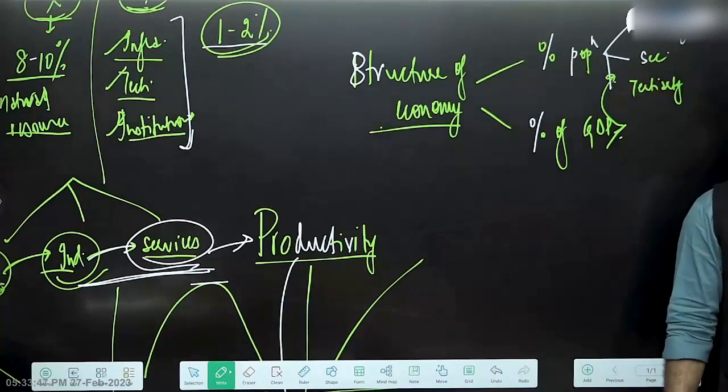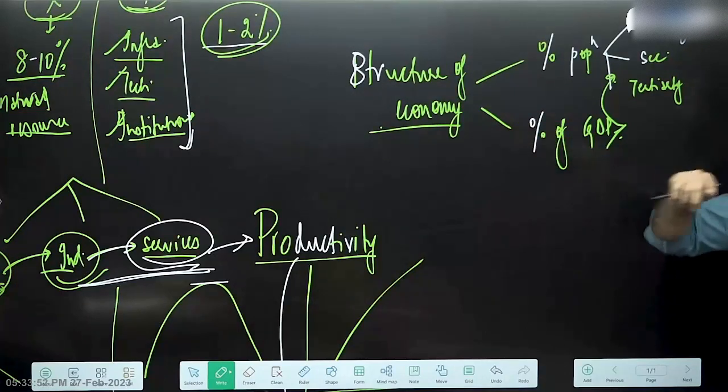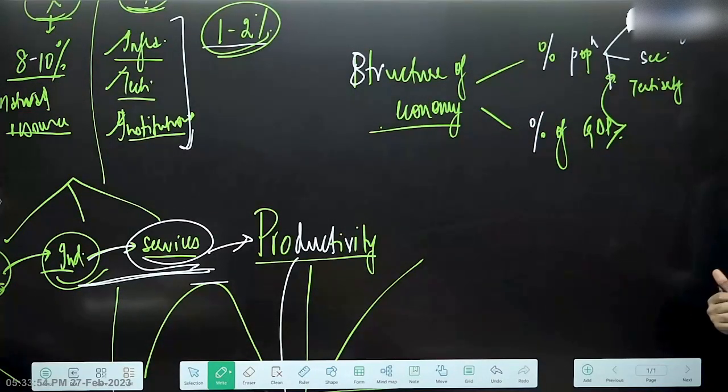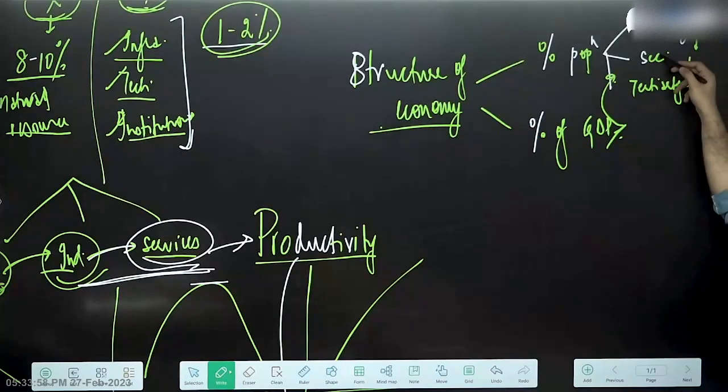So your income share and your sectoral growth is what determines whether the economy is developed or not. Now, how can you make this transition from primary to secondary to tertiary?